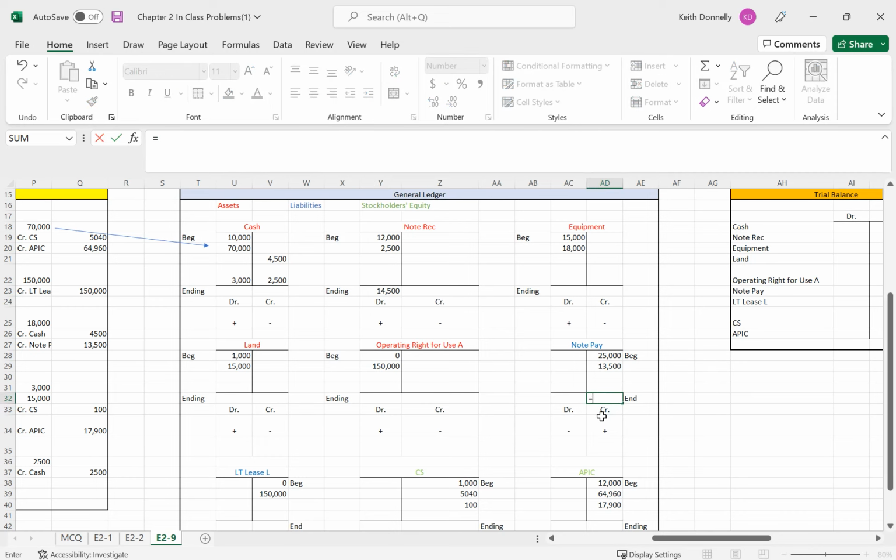Looking at our liability, right, it's going to be this plus, right, because it's on the right there, 38.5. So you can see the general rule is you just follow the pluses. With cash, it's a little different. You're going to do your beginning plus your plus signs there. And then minus over here, right, your credits.